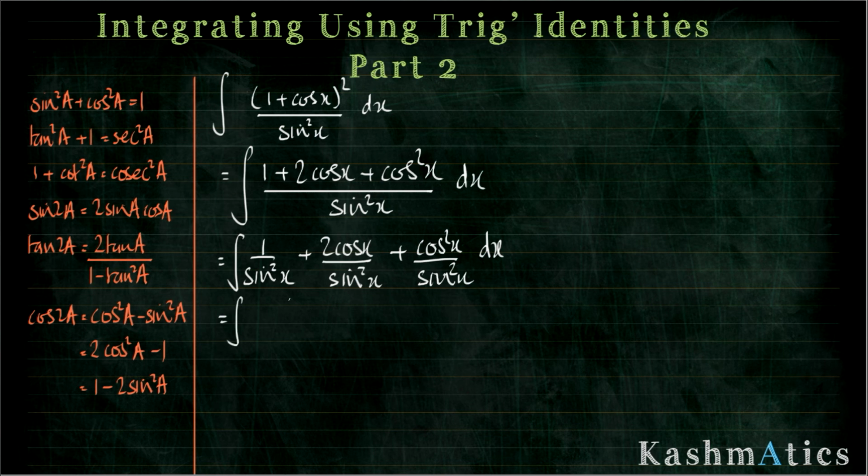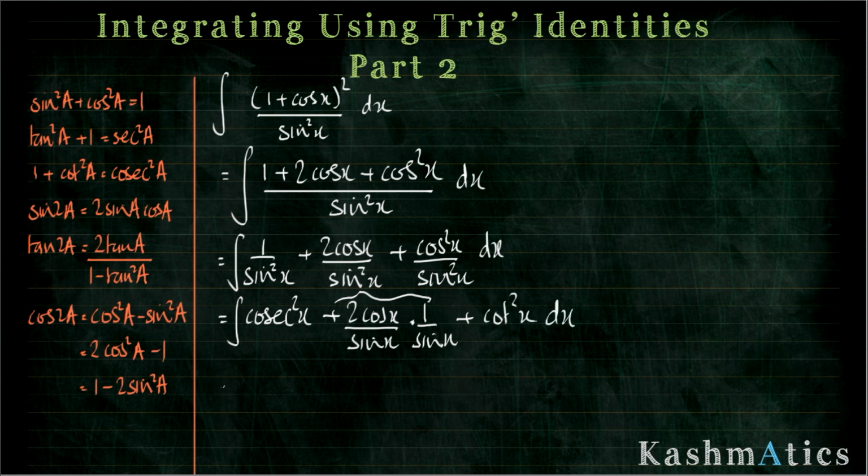So 1 over sine squared is cosec squared x. That's definitely something we can integrate. Plus, now this I'm going to write as 2 cos x over sine x multiplied by 1 over sine x. So all of that is that bit there. Plus cos squared x over sine squared x, which is cot squared x dx.